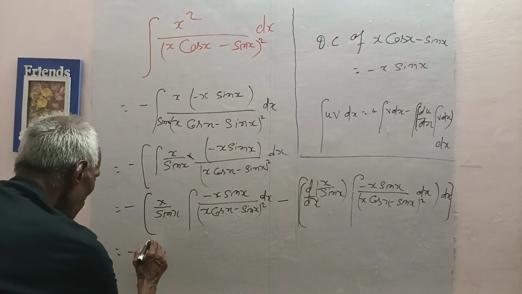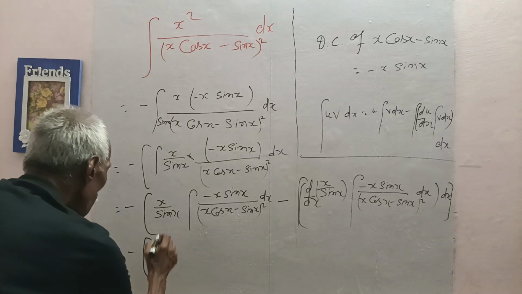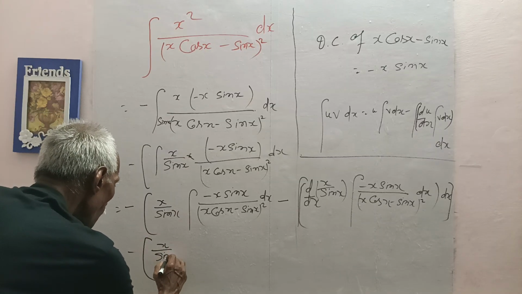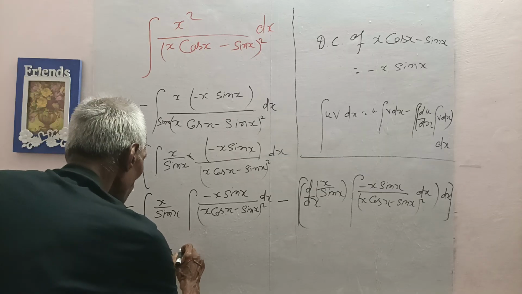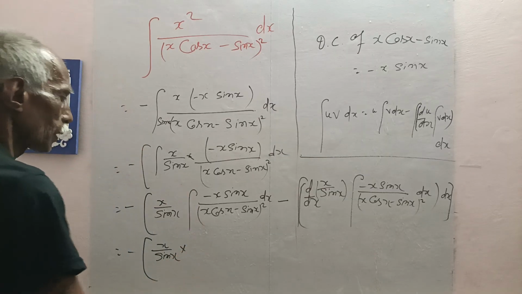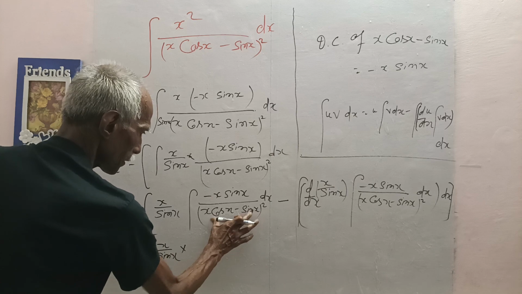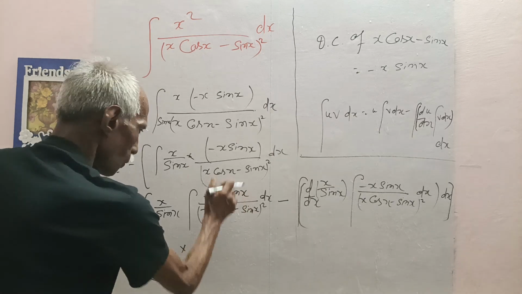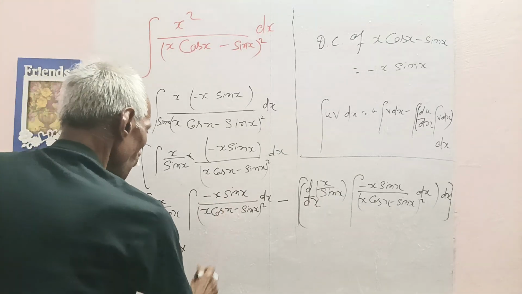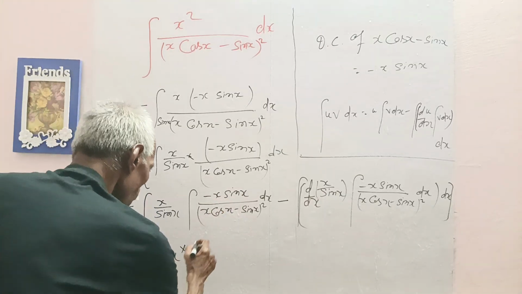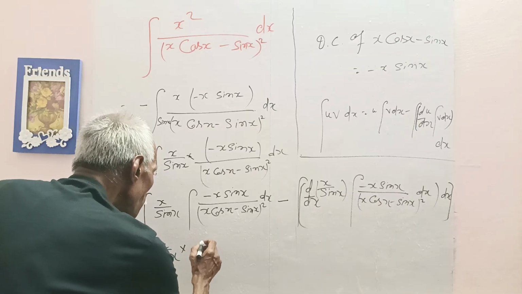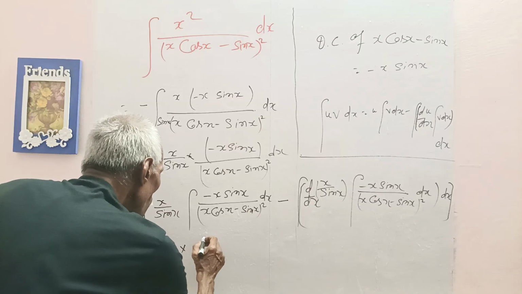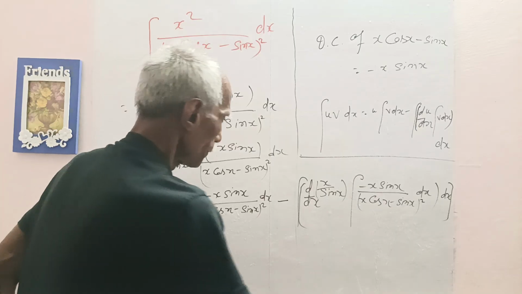Now minus x by sin x into, look at here, the differential coefficient of this is equal to minus x sin x. So right here, if you solve it, you will get, first, see the solution.